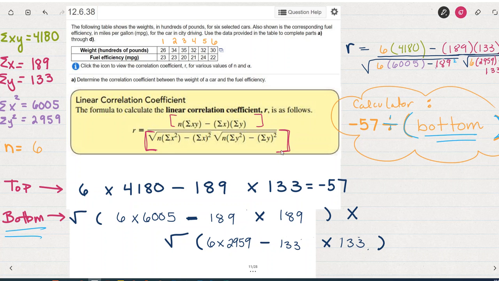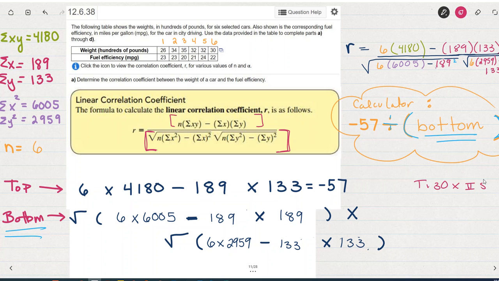If your calculator does the order of operations, I have a Texas Instrument 30X2S. That's the calculator I'm using. And for my calculator, it does, in fact, take in the order of operations.